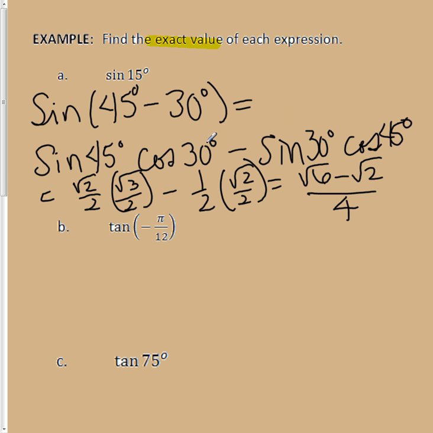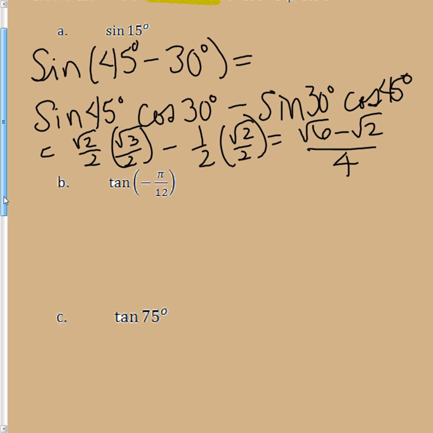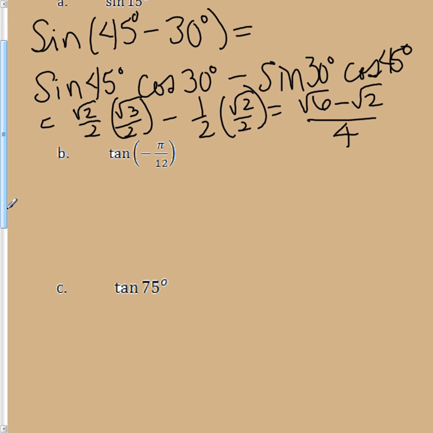Now let's take a look at our tangent here. It's a tangent of negative pi over 12, and I think we've done negative pi over 12 before, but we're going to go ahead and do it again. So I'm going to rewrite this as the tangent, and if I have 3 pi minus 4 pi, I know that's going to give me a negative pi, and it's all over 12.